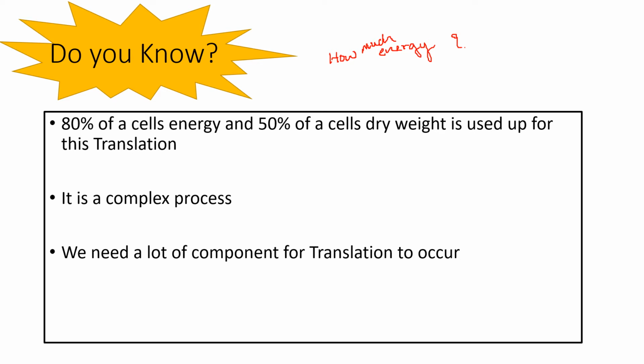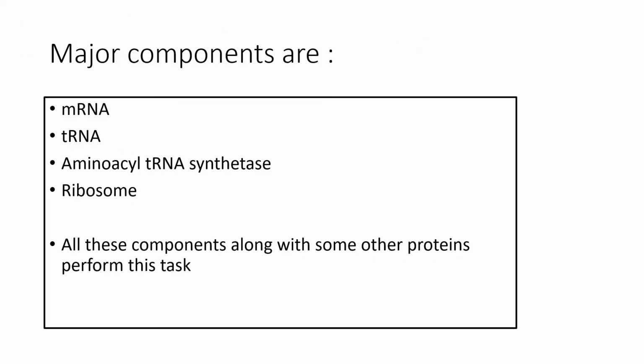And here we need a lot of components which include mRNA, tRNA, lots of proteins, and lots of enzymes which are involved in the process. Let us discuss the components involved in translation. The major components are mRNA, tRNA, aminoacyl tRNA synthetase and ribosome, and all these components along with some other accessory proteins perform the task, that is translation.